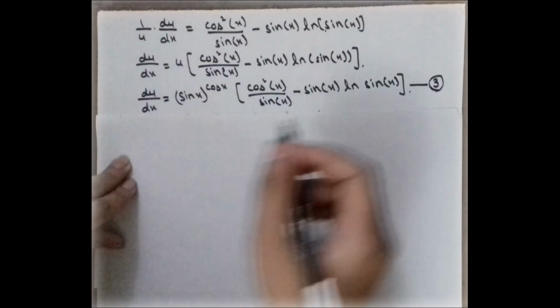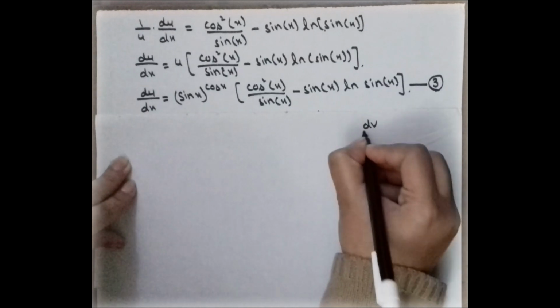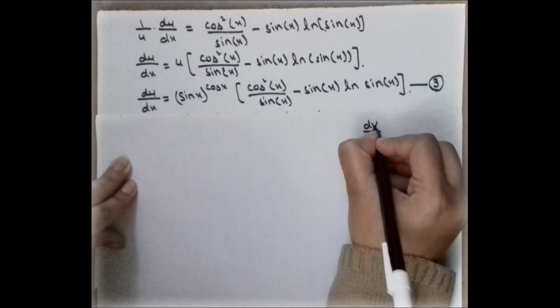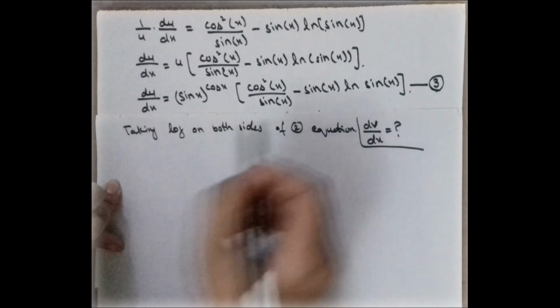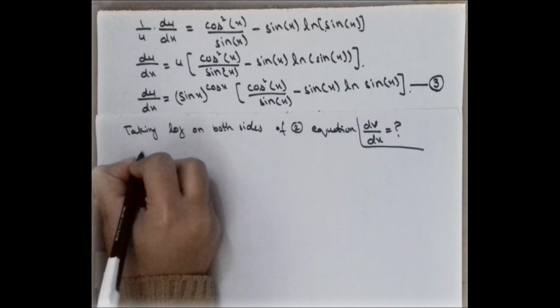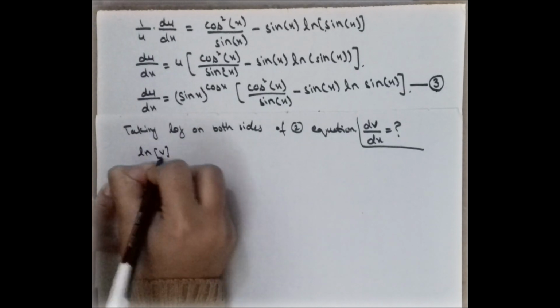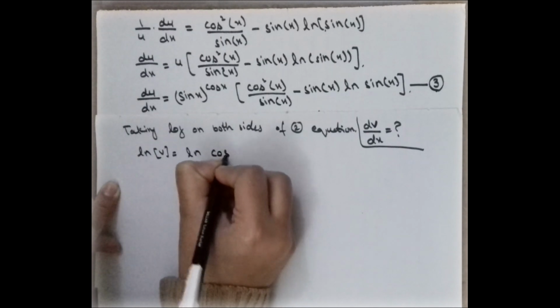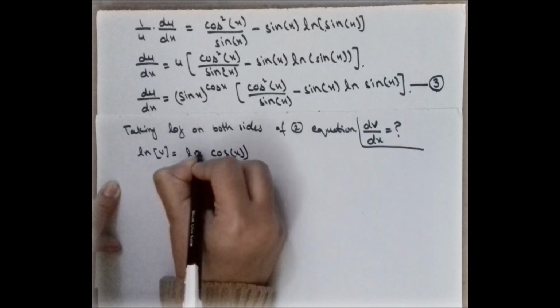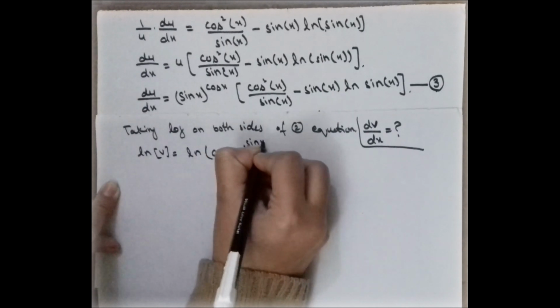Next, to find the derivative of v, meaning dv over dx, we take the natural log on both sides of the second equation. So ln of v equals ln of cos x power of sin of x.